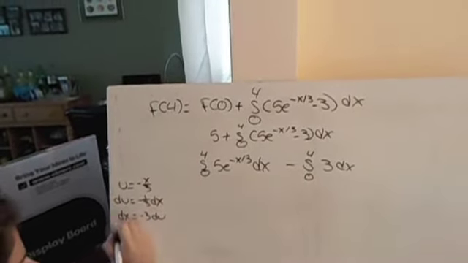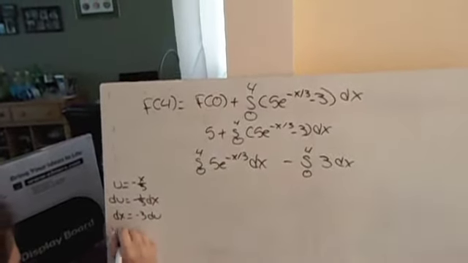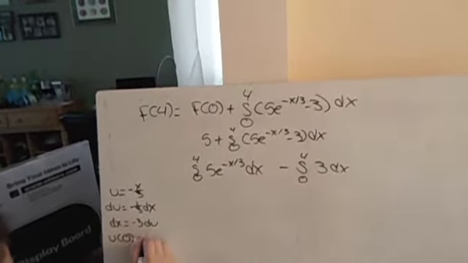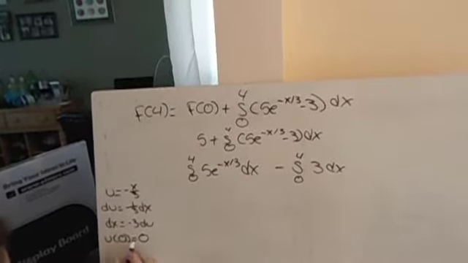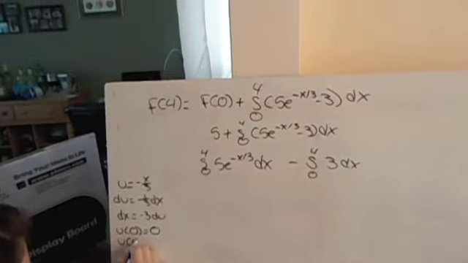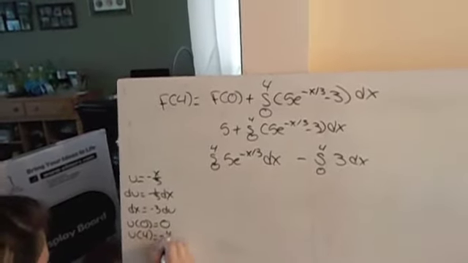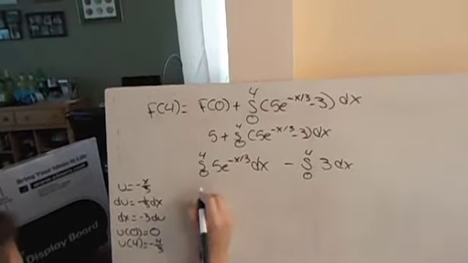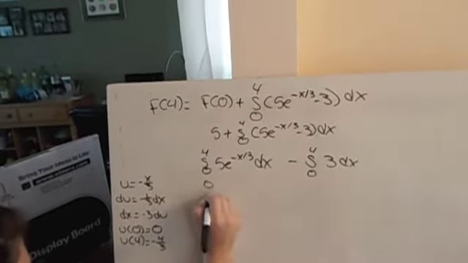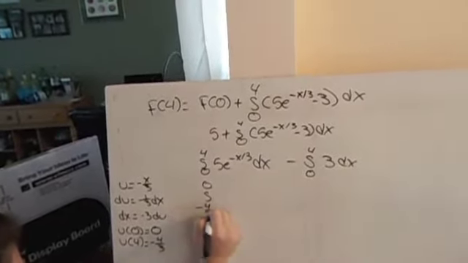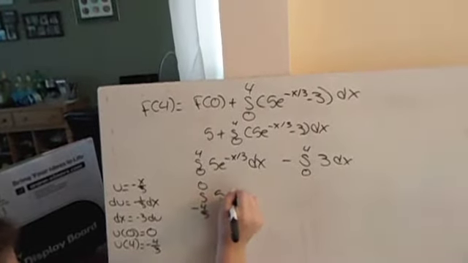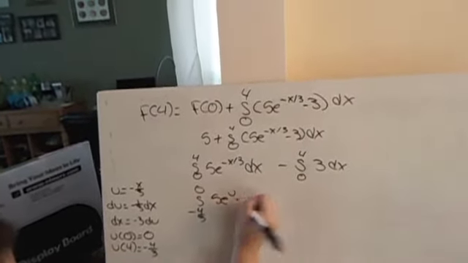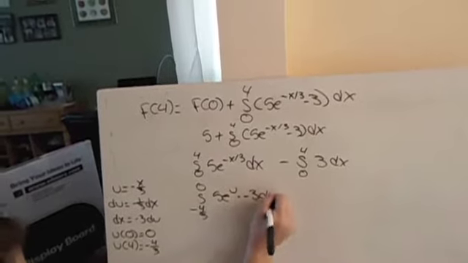Now we must find the new limits of the integral. So we do u of 0, which is negative 0 over 3, which is just 0, and u of 4, which is negative 4/3. And now we can establish a new integral, which becomes the integral from 0 to negative 4/3 of 5 e to the u times negative 3 du.